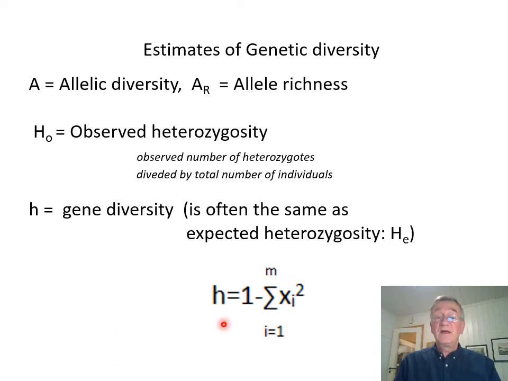That will be the expected heterozygosity. Here you see we call it a small h and call it gene diversity. That is often the same as expected heterozygosity. In most cases, we treat them as the same thing.